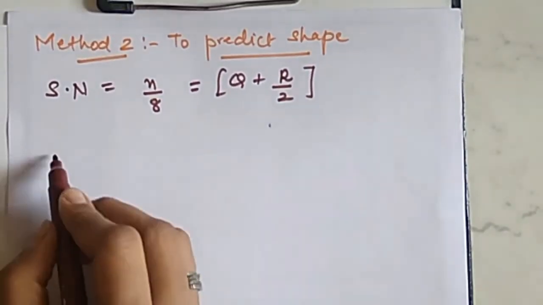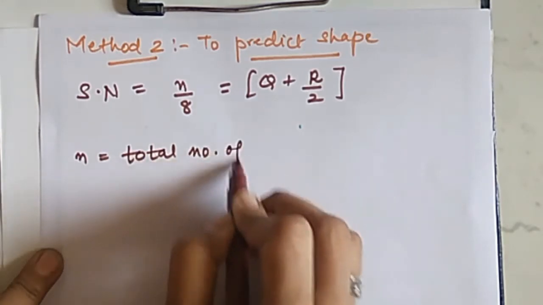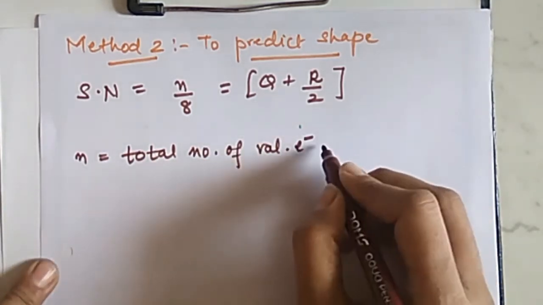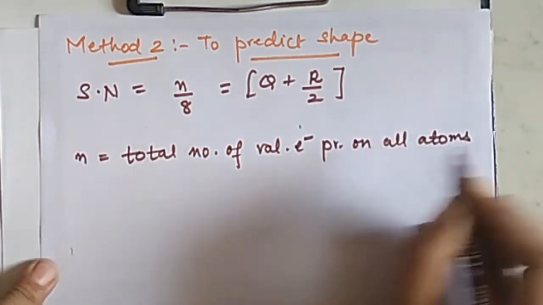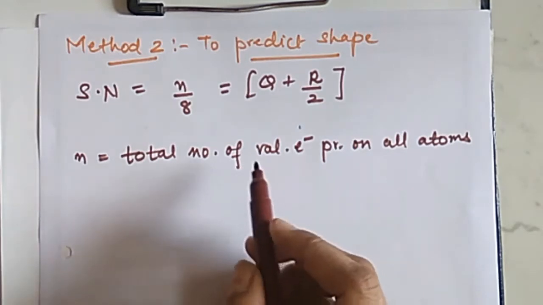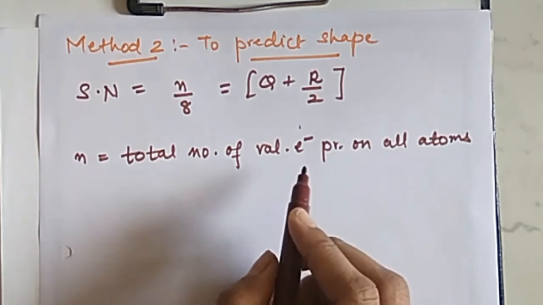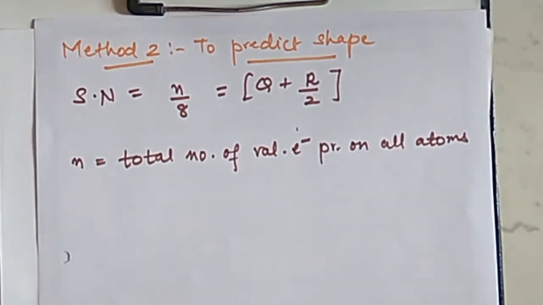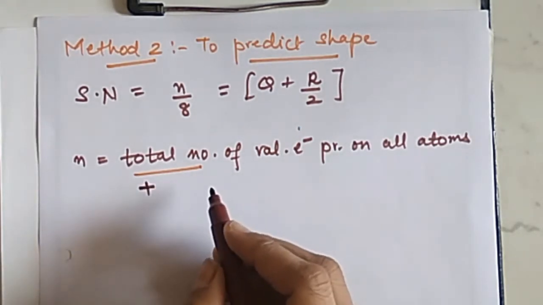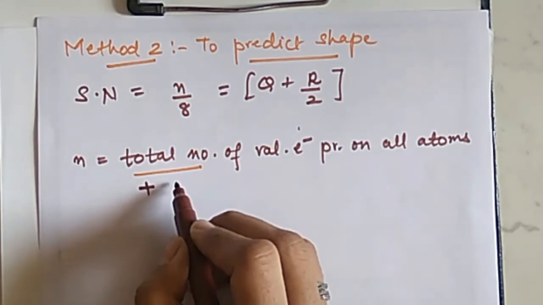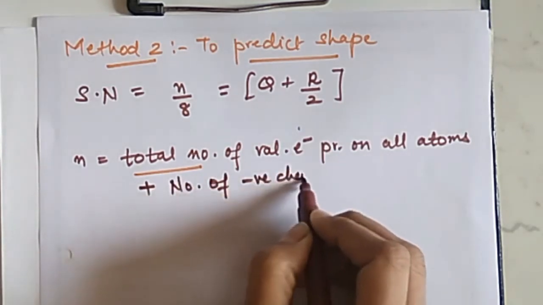See, what is n here? N is the total number of valence electrons present on all the atoms. So whatever molecule is given, we will be considering here the valence electrons on the central atom plus the atoms attached to it. So it will give us the total number of valence electrons, plus if any negative charge is present, so plus the number of negative charges.